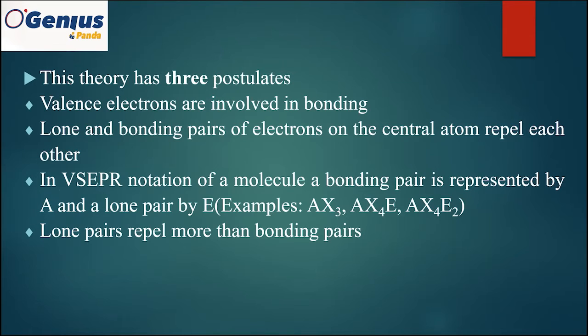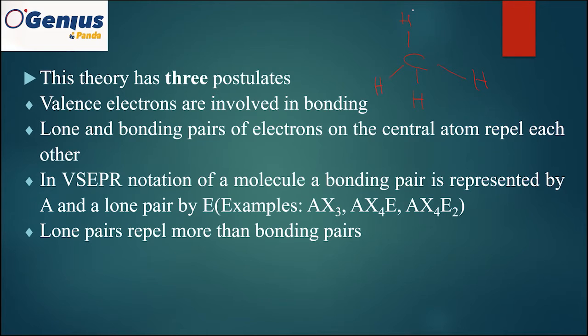This also involves the surrounding atoms. If I have a molecule like this one, carbon with hydrogen, hydrogen, and another hydrogen atom, then only the valence electrons will be involved in bonding.